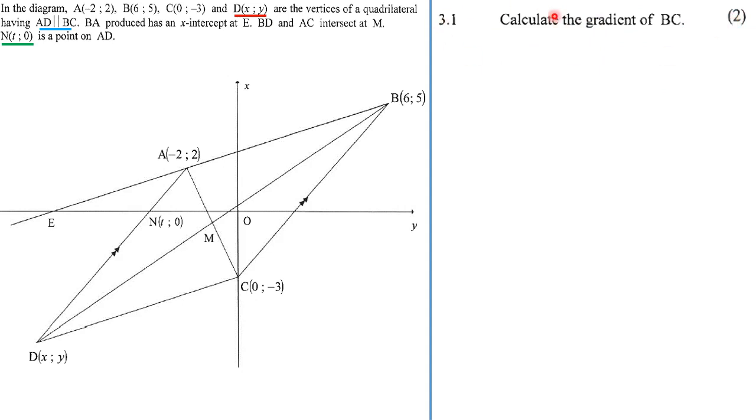Now, there are 5 steps every time, where I tell my students there are 5 steps in analytical geometry. 1, you label your coordinates. After labeling the coordinates, you choose the correct formula out of the gradient formula, distance formula, midpoint formula, equation of perpendicular lines relative to gradients, equation of parallel lines relative to gradients, and so on.